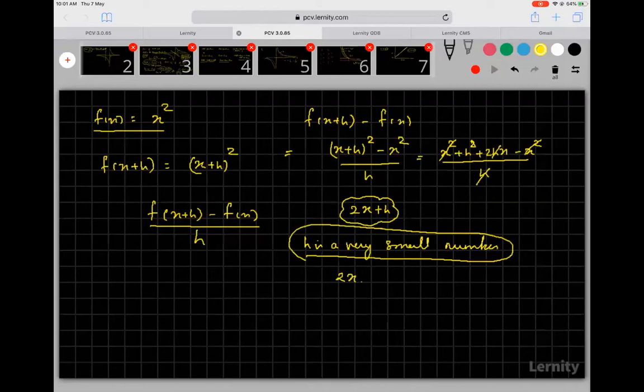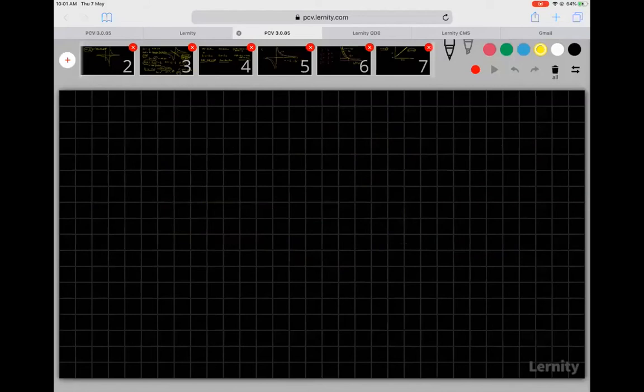So instead of saying h is a very small number, they will say something like this: limit h tending to 0. So this is a very, very important operation for us. We would like to apply this on a few operations and check. Suppose f of x is equal to x cubed.